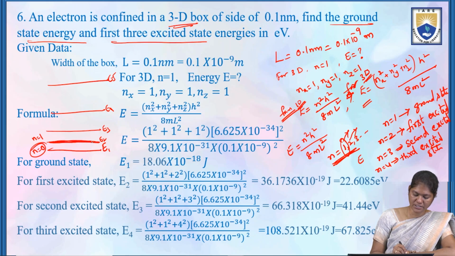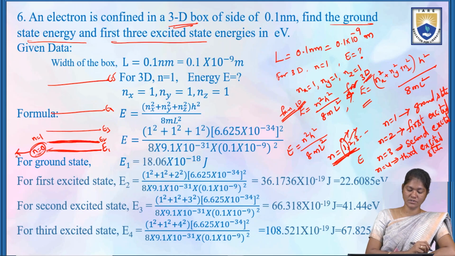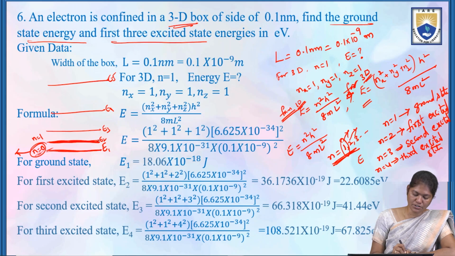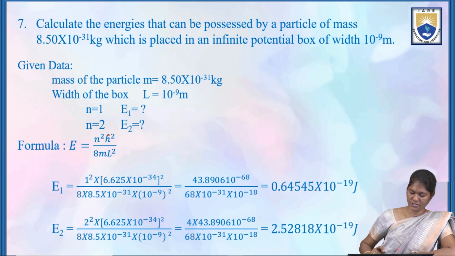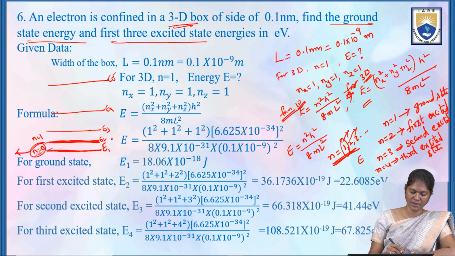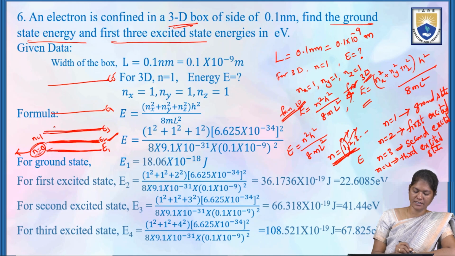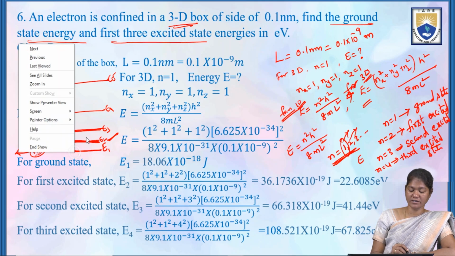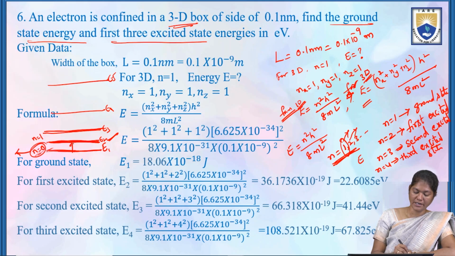This is the second excited state. So if the electron in the ground state gains some energy, it excites to a higher energy level, so that it is the first excited state.